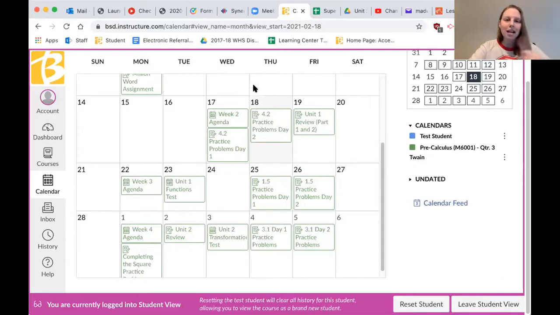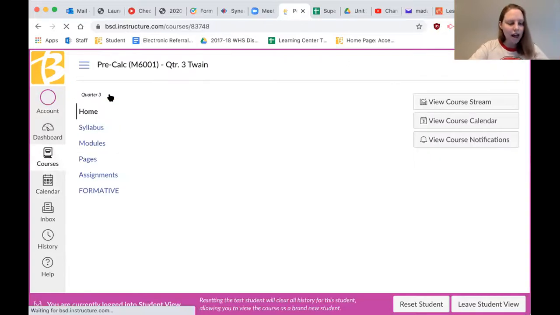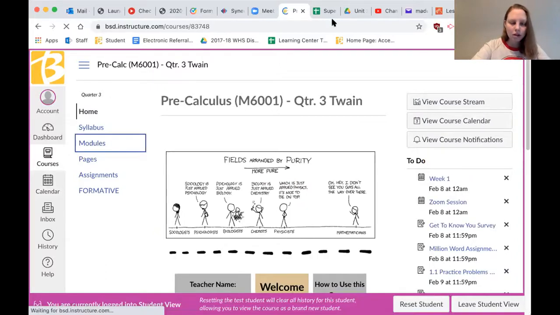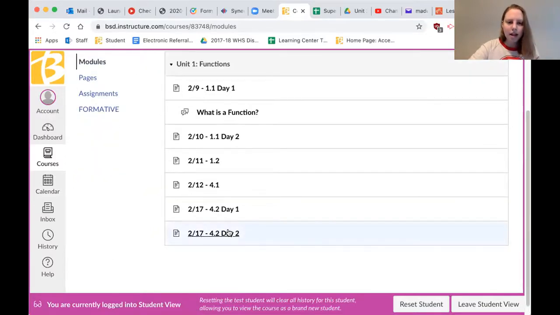But before we get to all that today, like I said, we're finishing up 4.2. So if we head to our Canvas class, and we go to the modules, and we go to today's date, which I forgot to change, was originally yesterday, but it should be the 18th.